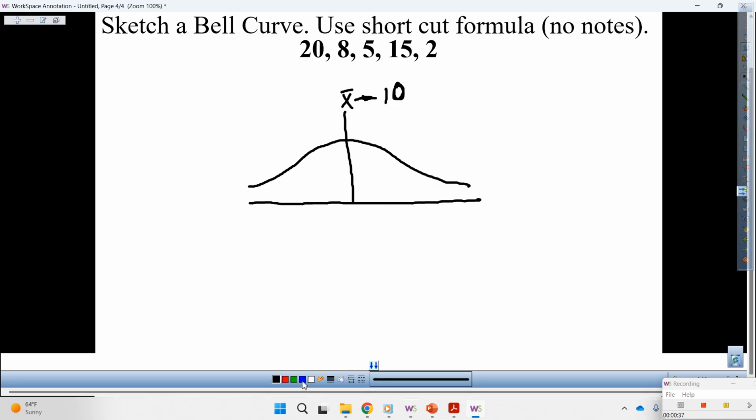Okay. Now we need a standard deviation. 1 up, 1 down. That keeps us in the norm. So since we use a shortcut formula, I'm going to use the letter S. All right, what'd you get for the shortcut standard deviation?